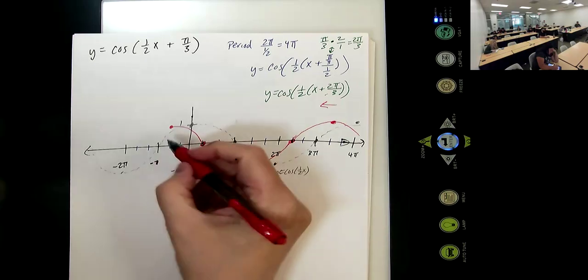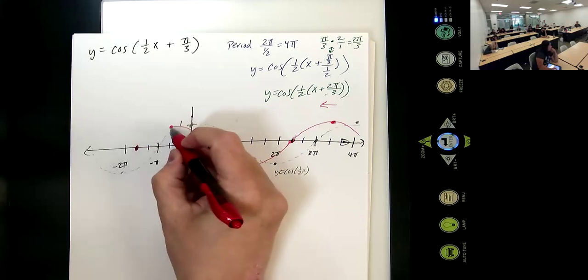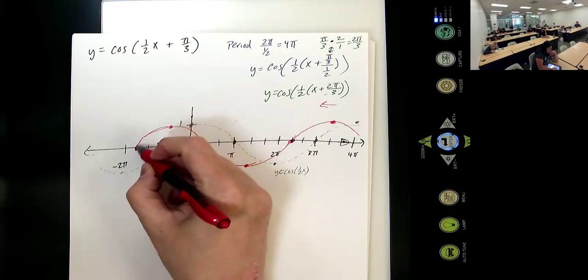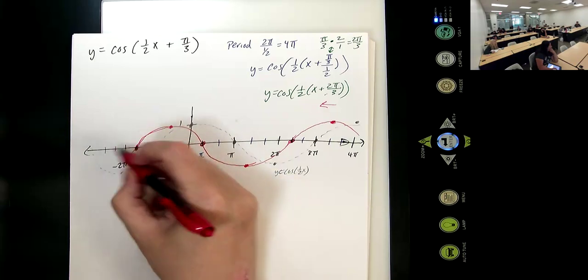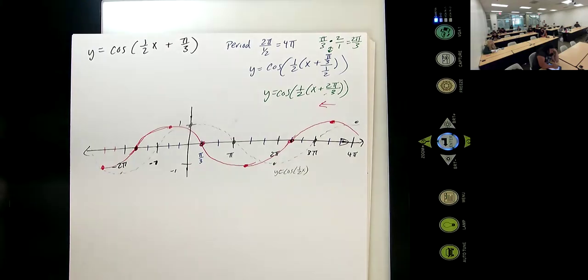If I move this point left pi over 3, it would be here. If I move that left 2 pi over 3, it would go down to there. So that's what it's going to look like.